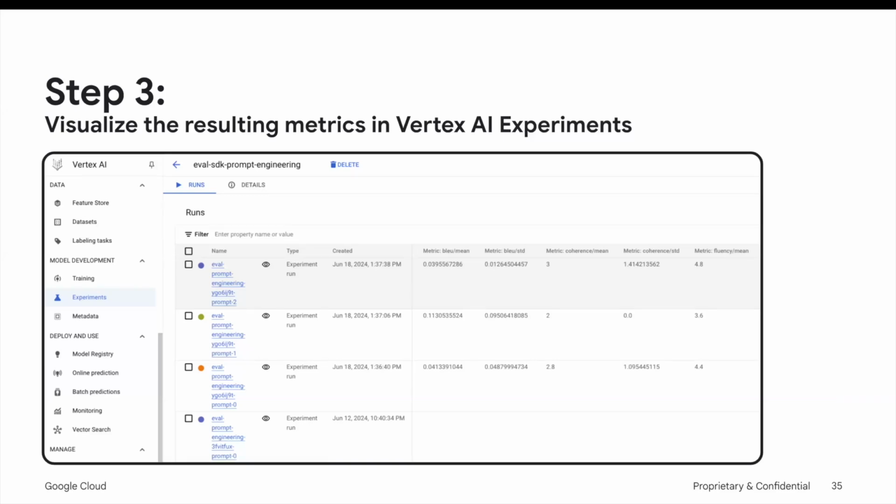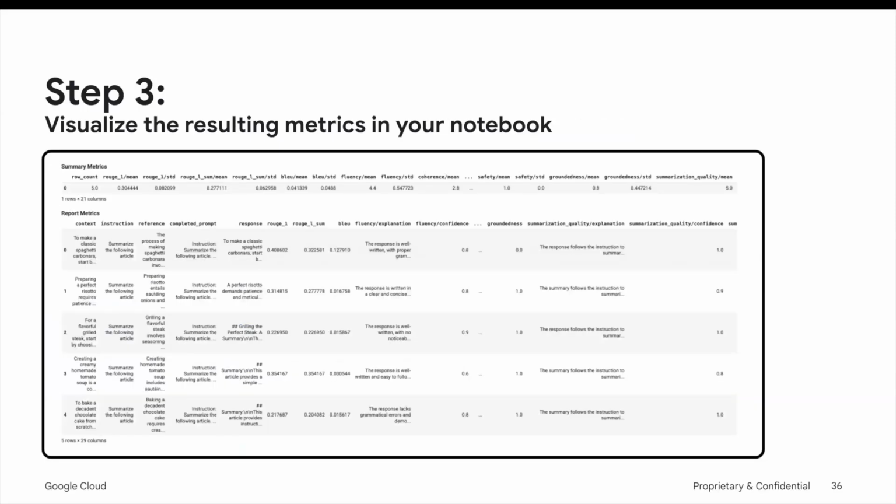Basically, you can expose this in Vertex Experiments. You can see the standard metrics like BLEU, coherence, and the different fluency metrics that we just got. Then you can double click and take a look at not just the score, but the confidence at which it is scoring that. Along with the confidence, it also gives you an explanation of why it gave you that score. Let's say it scored a 5 on 5.